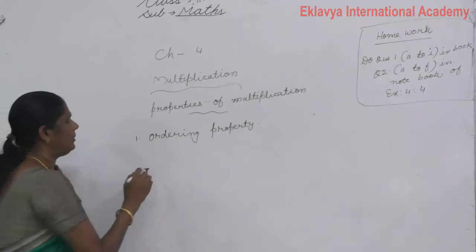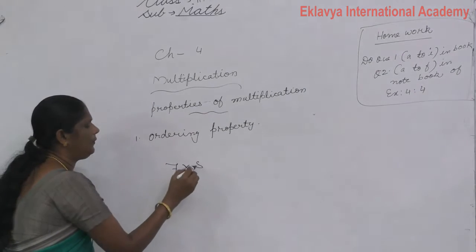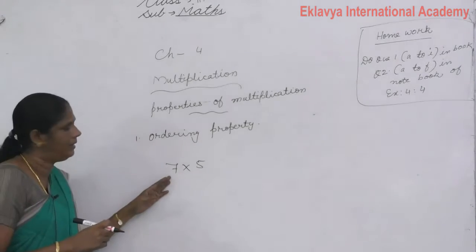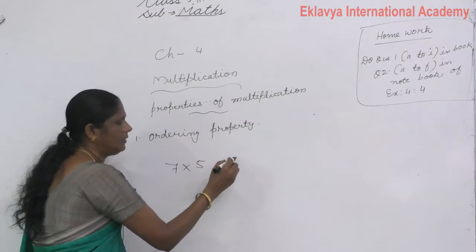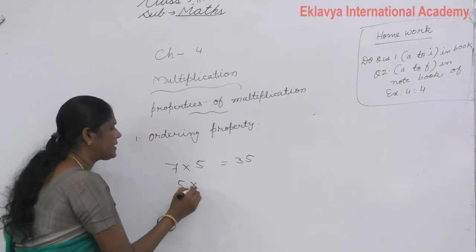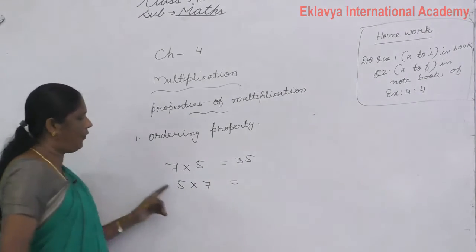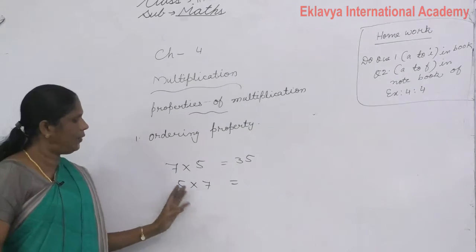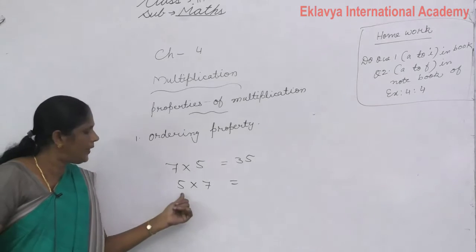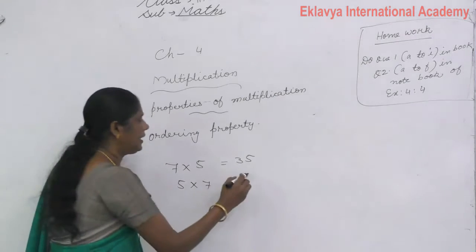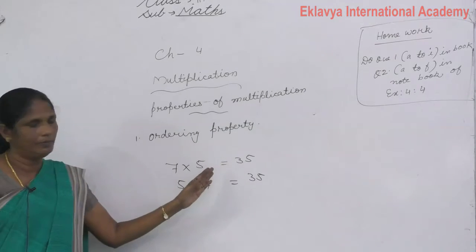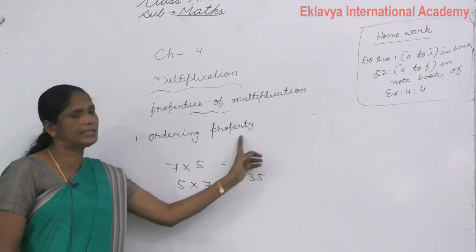For example, 7 multiply 5. First I write 7, then 5: 7 times 5 is 35. Then 5 times 7: now I write 5 first, then 7, and 5 times 7 is 35. The order is changed, but the result is the same.